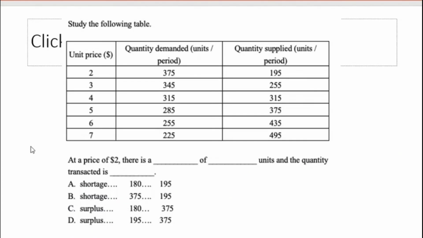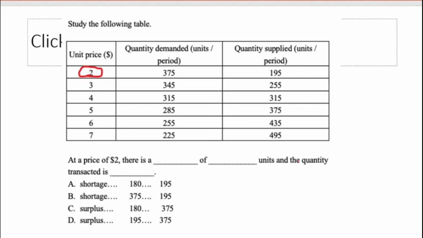The price of $2, there is blank or blank units, and the quantity transacted is blank. What is the answer? I didn't do that. It's already correct whenever we're not answering it. So it's maybe a glitch or accidentally put it. Okay, where's the dollars here? Oh, it's erased.